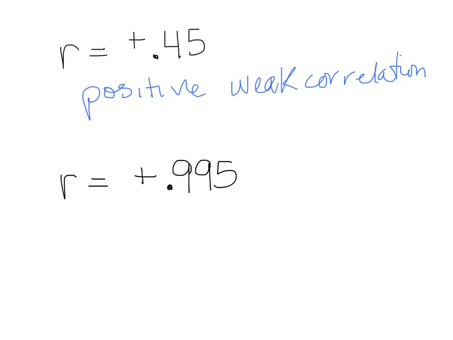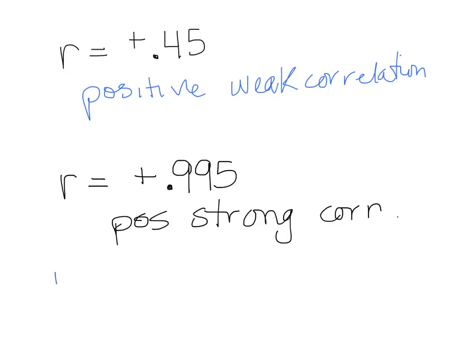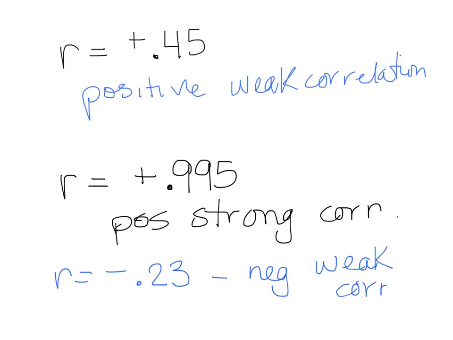And how would you describe the correlation with the coefficient 0.995? Again, it would be a positive, but strong correlation. And if you looked at R equal to negative 0.23, I would definitely call that a negative and weak correlation. We can argue about the 0.45 value. There are no hard set rules about it. Let's bring that up for a discussion.